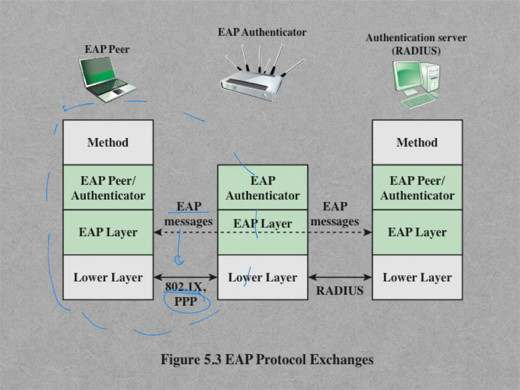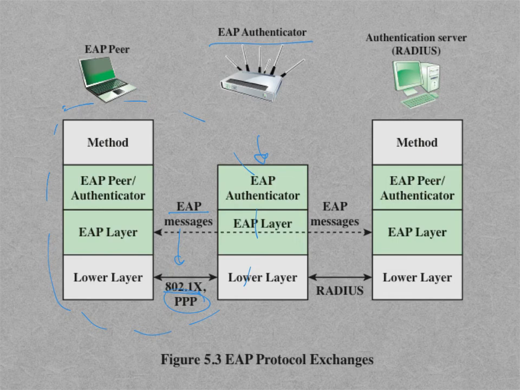The EAP messages themselves go through the authenticator, the access point. We call them pass-through messages. It's like TCP messages that go through the router. Does the router process the TCP header? No, the router does not process the TCP header.